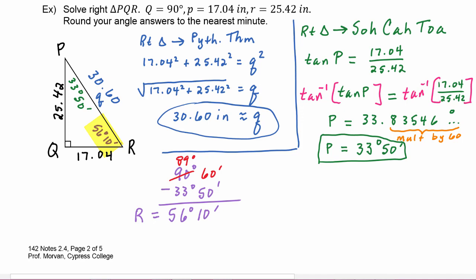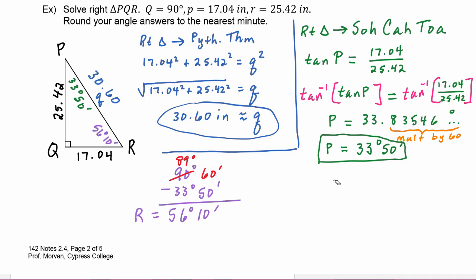If you want to be extra sure, and as I suggested earlier, only use the givens, we could also solve for angle R using the tangent function, because we have the opposite leg and the adjacent leg.